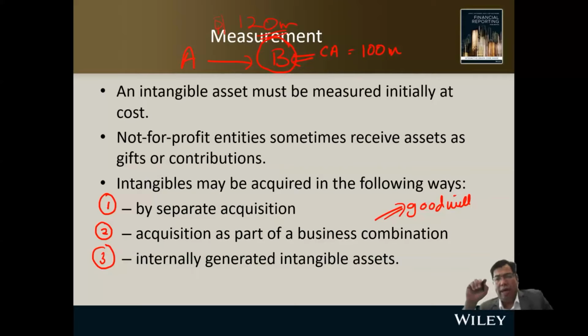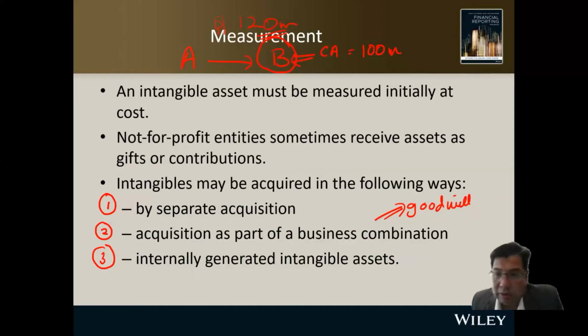So why is A willing to pay 120 million to B, even though in their records B's net assets are only 100 million? Because the managers of A realize that there is 20 million of intangible assets, might be the reputation, the locations, the technology, the know-how, the brand names, and they value that as 20 million. So that is the reason why they're willing to acquire company B at a higher price.